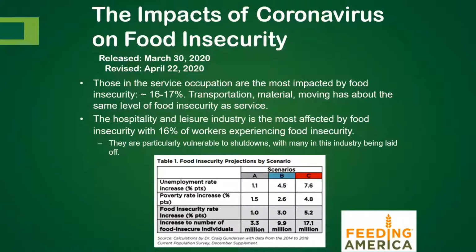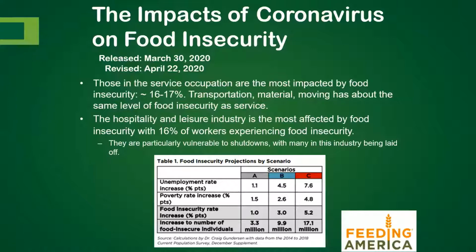And when looking by industry, the hospitality and leisure industry is the most affected, at about 16% of its workers experiencing food insecurity. This is important because these workers are particularly vulnerable to shutdowns, with many being laid off during shutdowns.